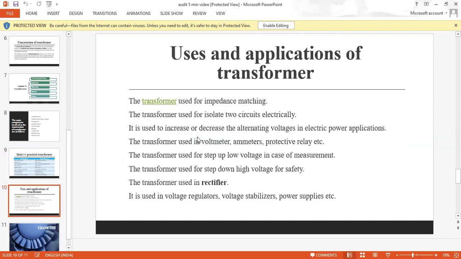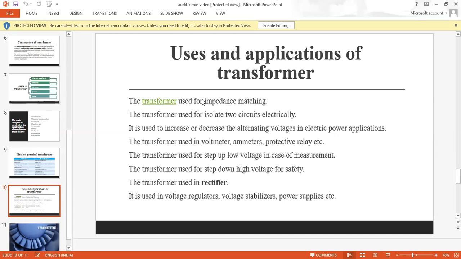The next one is all about the uses and applications of the transformer. Transformers are applied practically in multiple places. We can see one at the end of the street or in our colony. The transformer is used for impedance matching. It is used to isolate two circuits electrically.